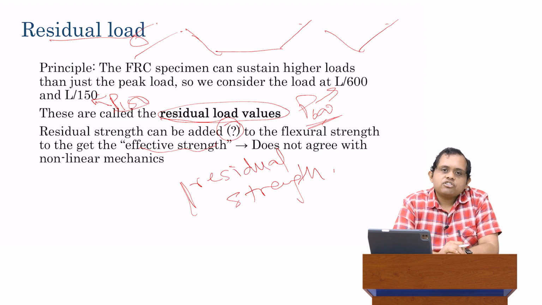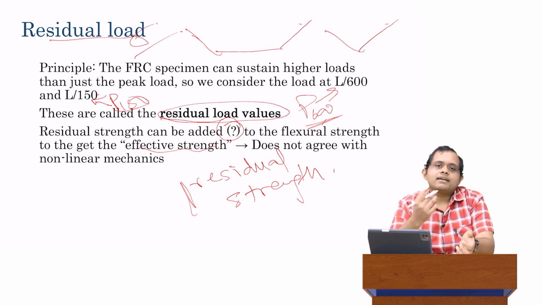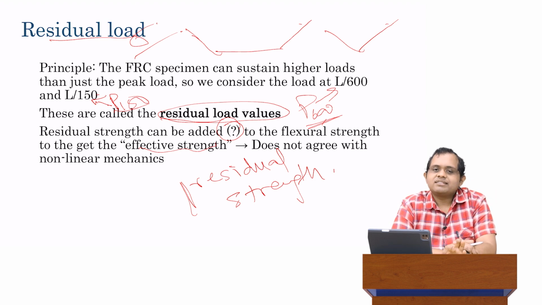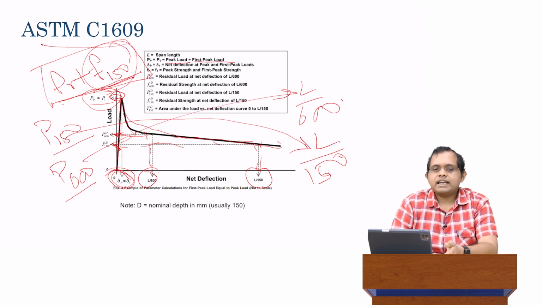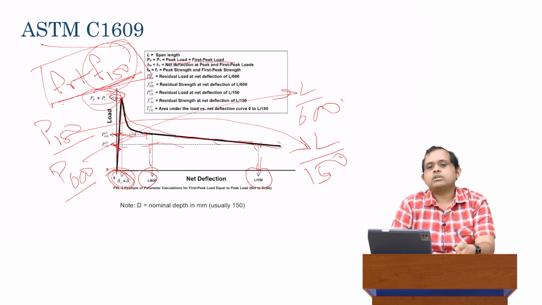The reason I put a question mark on this approach of simply adding is that it is actually not consistent with nonlinear mechanics. This F150 strength is being calculated based on linear mechanics. You cannot do that, because once you have post-peak behavior, you've actually gone into nonlinear mechanics.